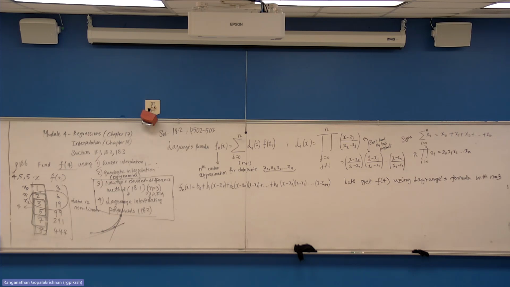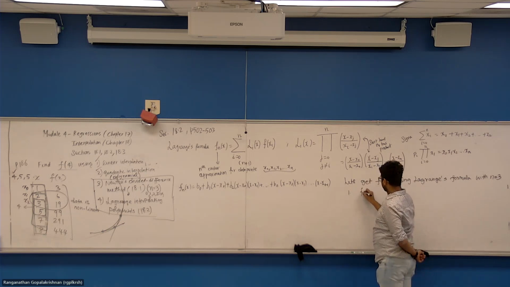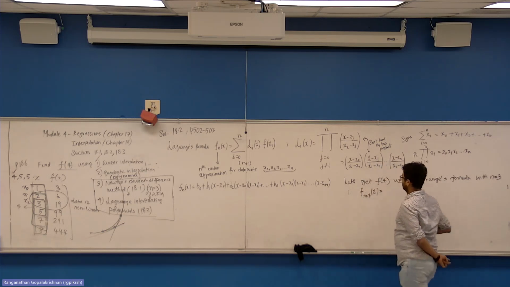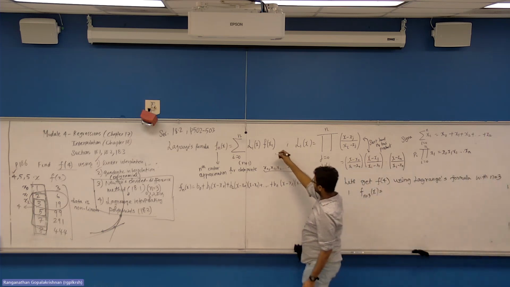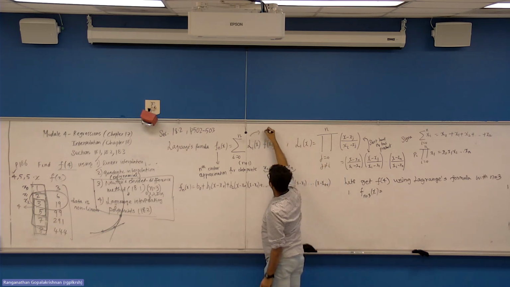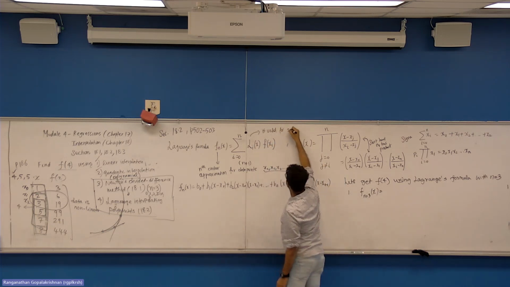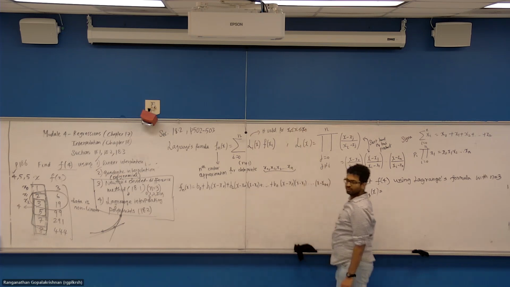Step 1: that would mean f3 of x equal to, again, it goes without saying that this approximation is valid for x naught less than x less than xn. Same thing as this.